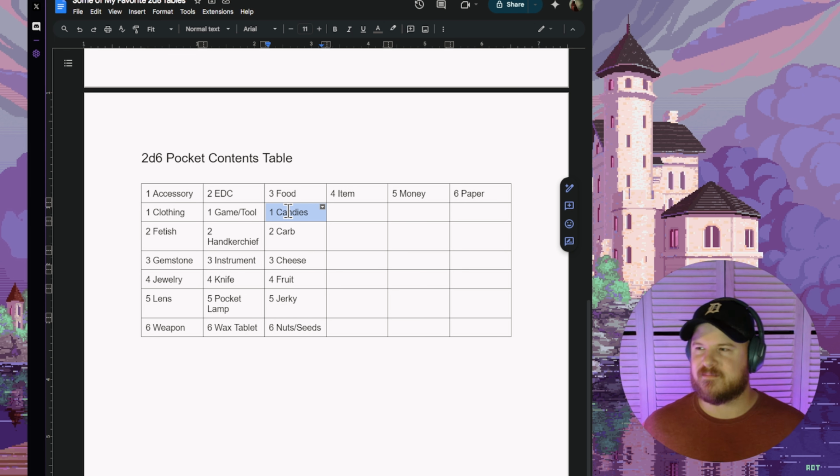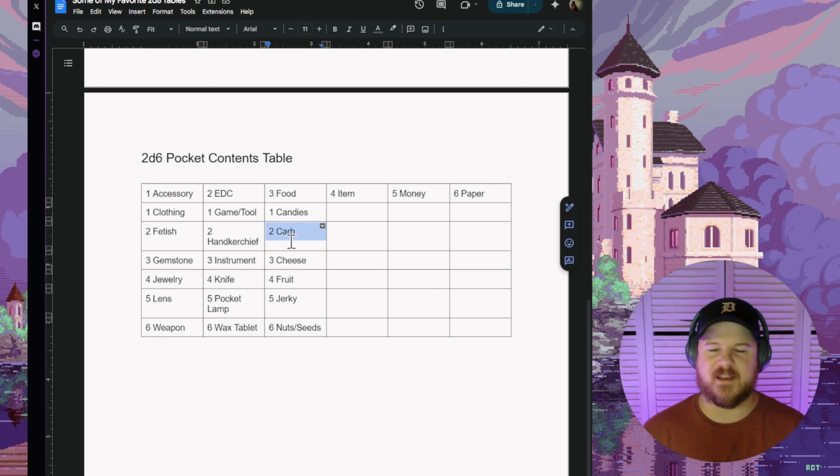So it could be candy, could be carbs. That could be anything. That could be bread. It could be like onigiri, like rice balls. It could just be oats for oatmeal to be made later. It could be a rind of cheese. Could be fresh fruit. Could be dried fruit. Could be something in syrup.